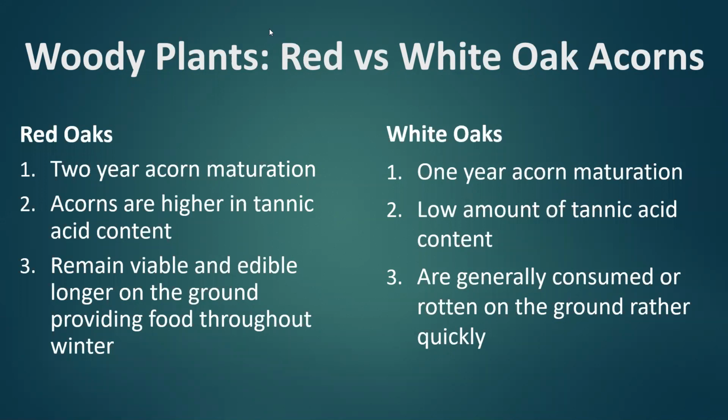So later on through the seasons, it might be advantageous for you to switch your efforts from white oak producing areas to red oak, as you see that shift in feeding behavior. And so being able to identify what some of these characteristics are can really pay off as a deer hunter.